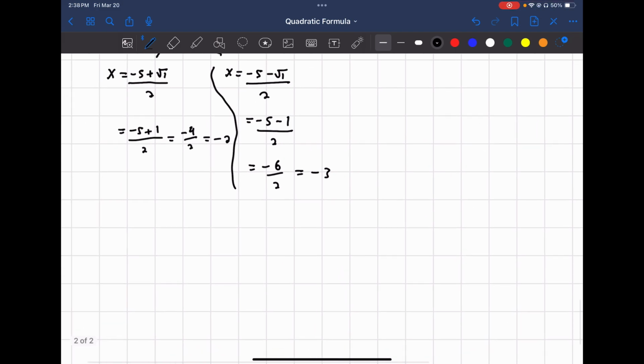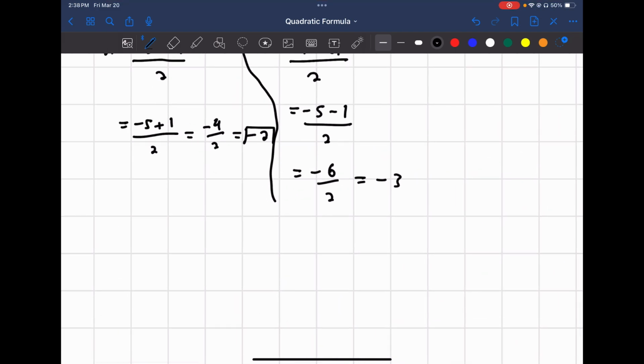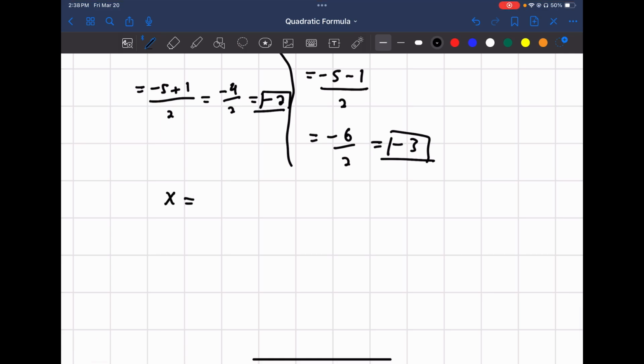So therefore, we have these two final answers. In other words, x is equal to minus 2 or minus 3. And here is our final answer.